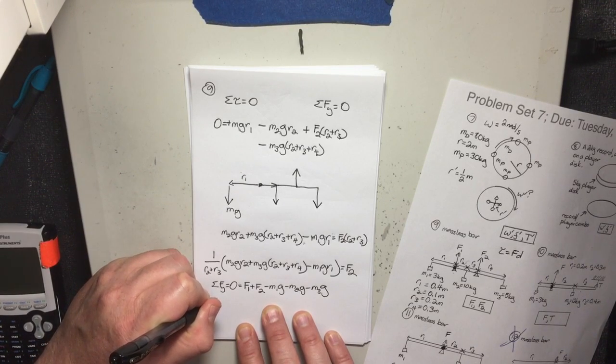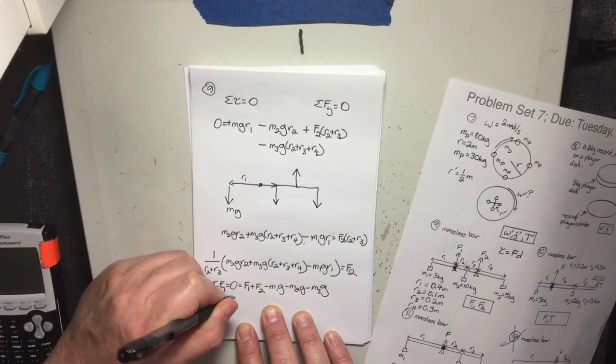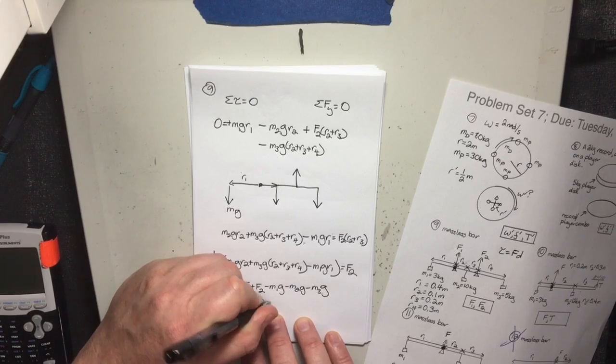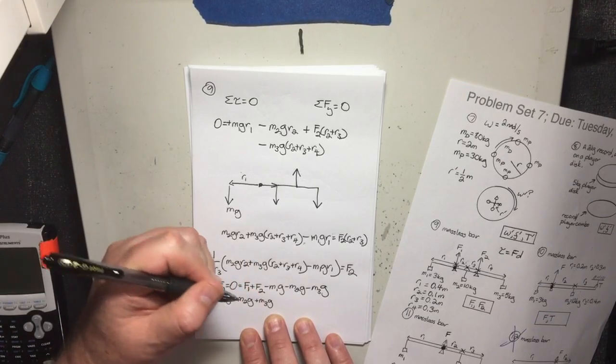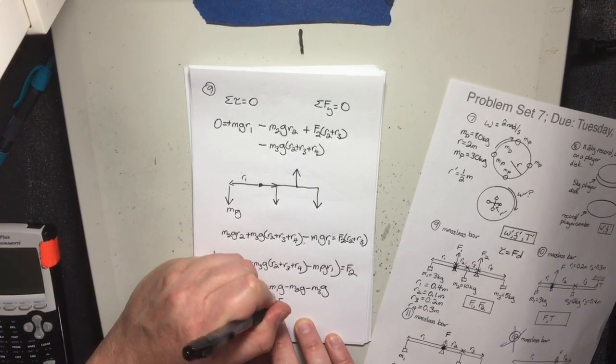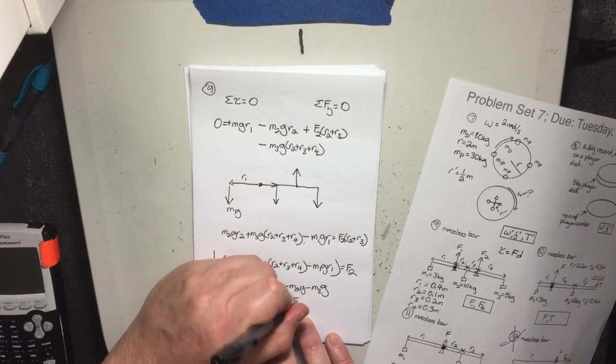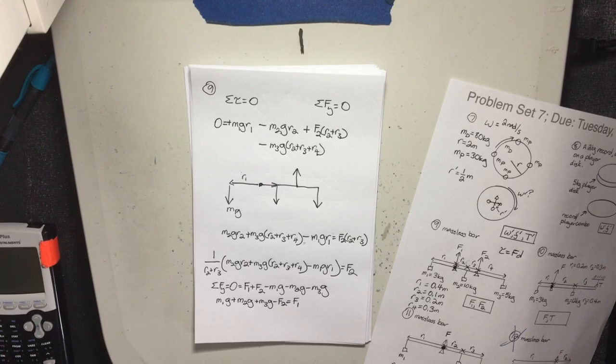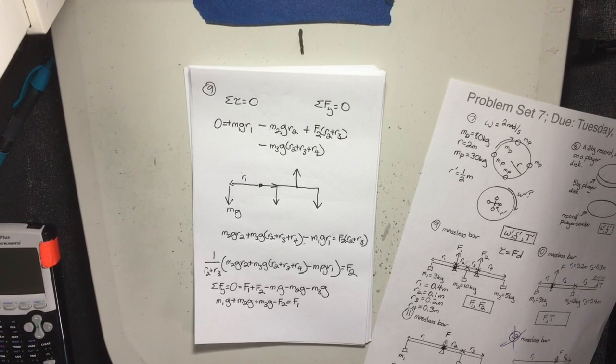So M1G plus M2G plus M3G minus F2 is equal to F1. And that's number 9. So you just plug and chug to get F1 and F2.